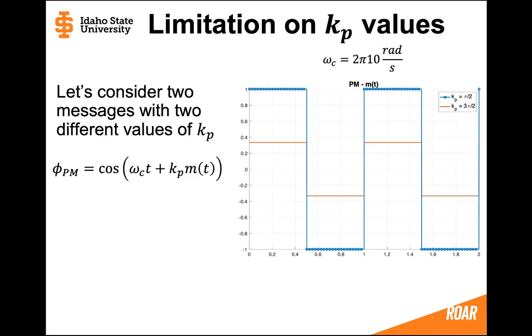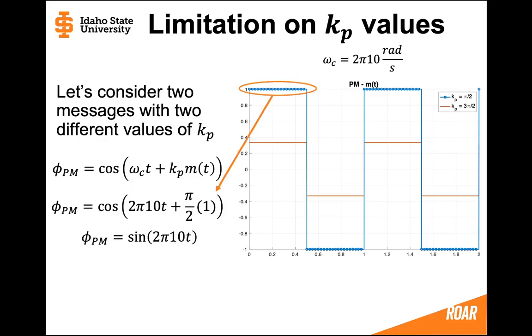Let's see why it is not a good idea to have the red message with a constant that's larger than pi. For the blue signal, if we substitute in our value for the carrier frequency and for the message, we'll get a phase modulated signal of sine 2 pi times 10t.